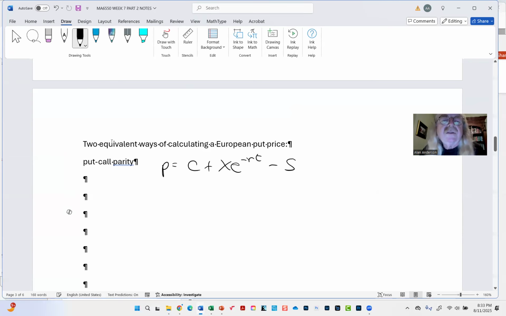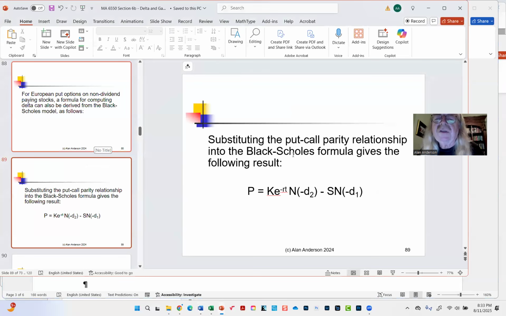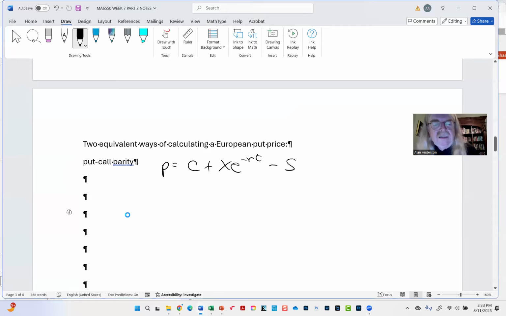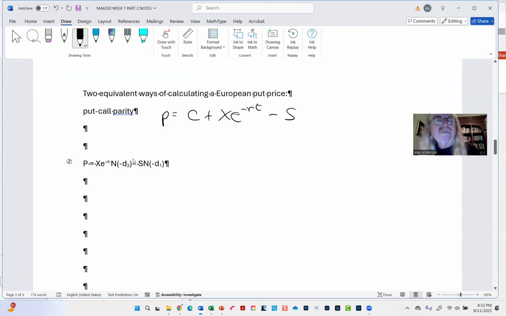And then the second one is to just directly substitute. Oh, this one's using K. Oh, this is so annoying. But yeah, this is the strike price. Let's just change it to X, just to be consistent here.